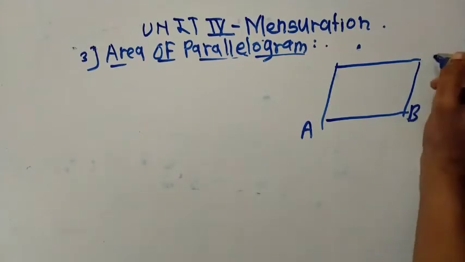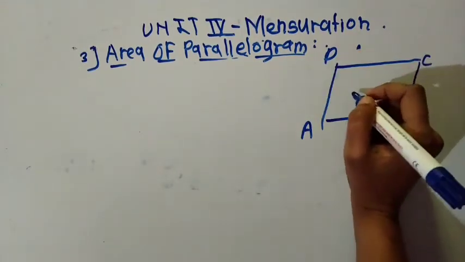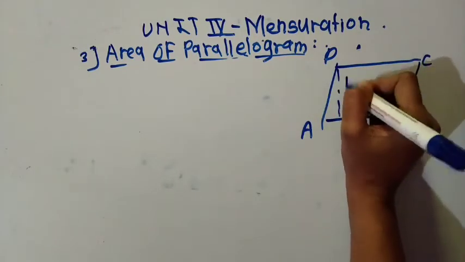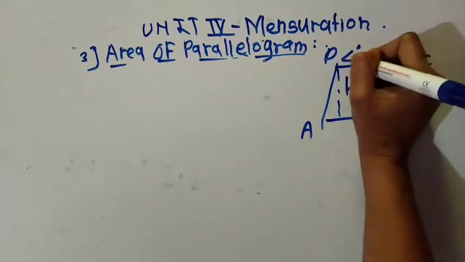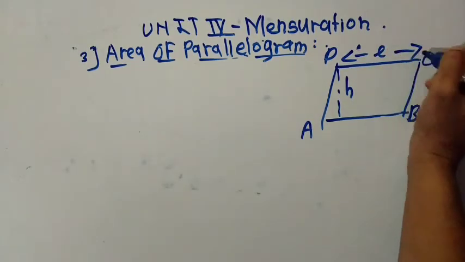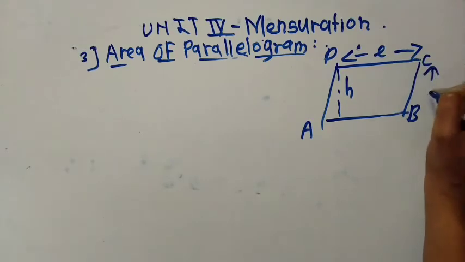This ABCD is a parallelogram. This is the height H. This is the length of parallelogram, and this is breadth.